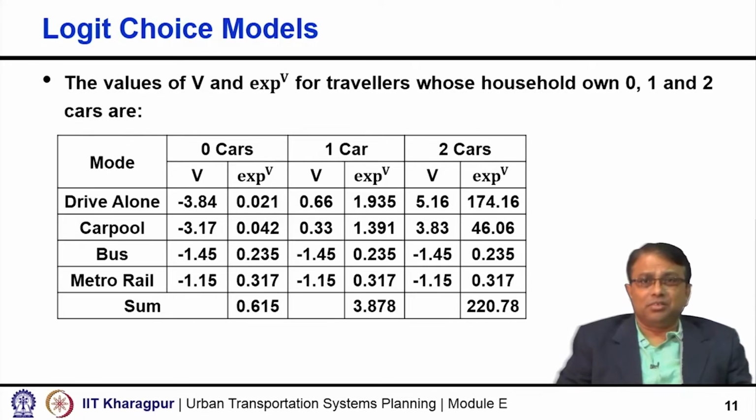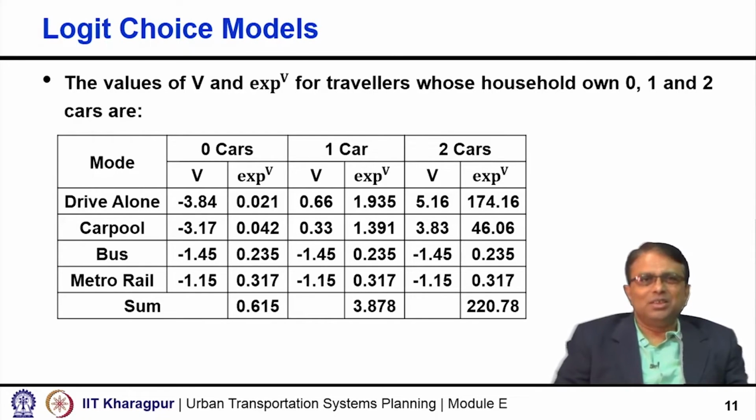Because A is there, that automobile ownership or vehicle ownership. If it is 0, there will be some value, if it is 1, there will be some other value, if it is 2, then again the values are going to change. So, utility values are going to be different for 0 car, 1 car and 2 car.